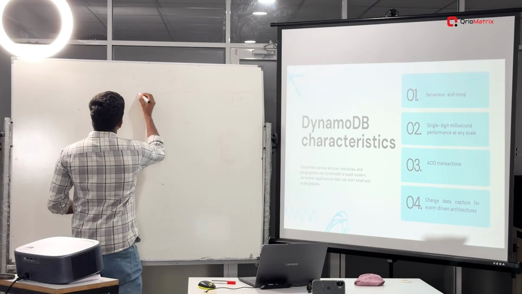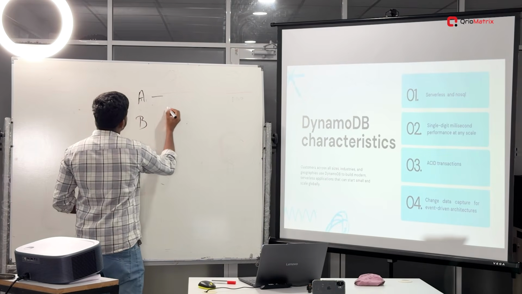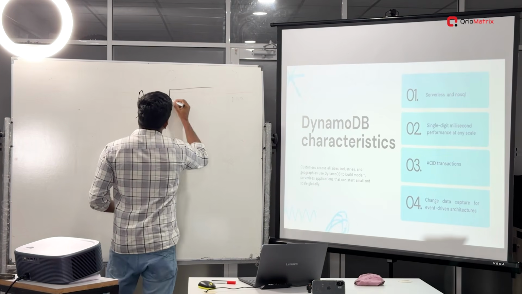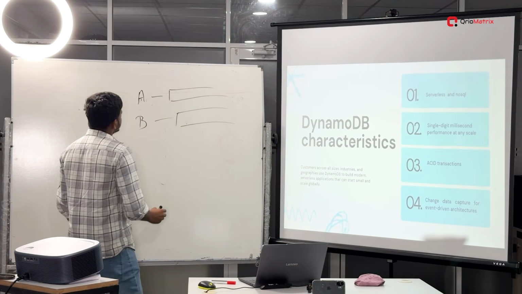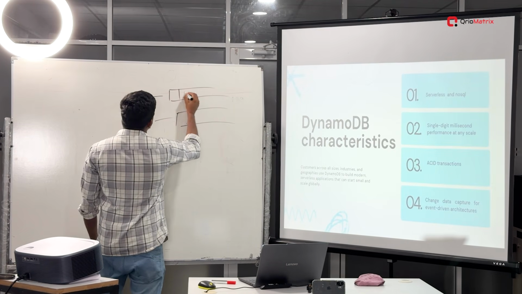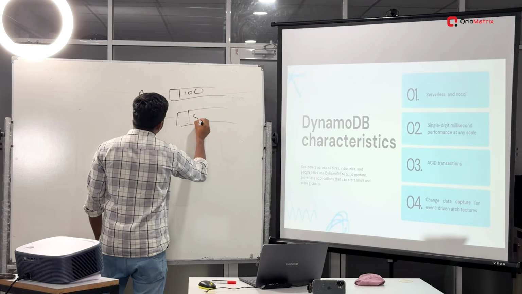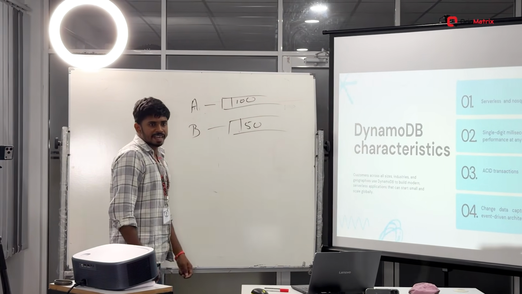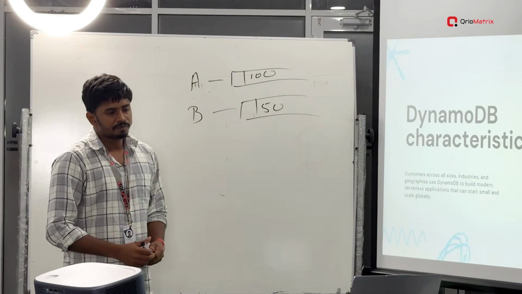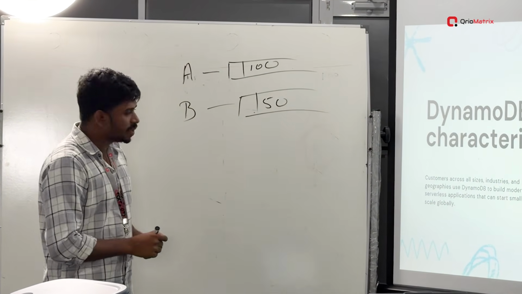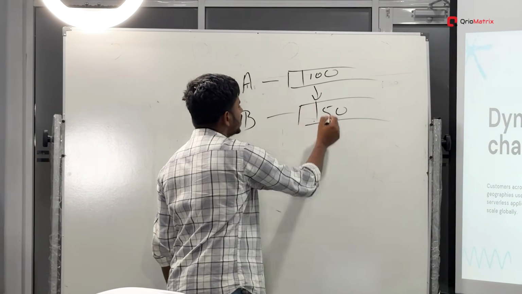Here we have someone called A and someone called B. A has an account record in the database, and B also has an account record in the database. A contains 100 and B contains 50 dollars in their accounts. Think A needs to transfer $50 to B.